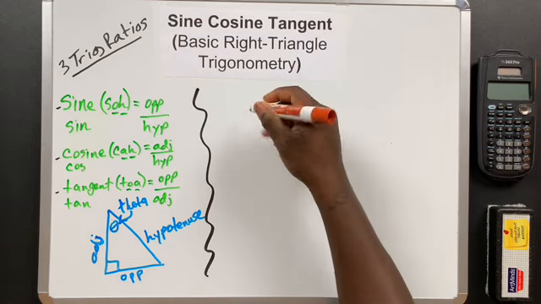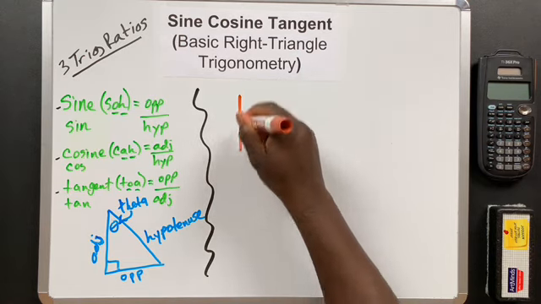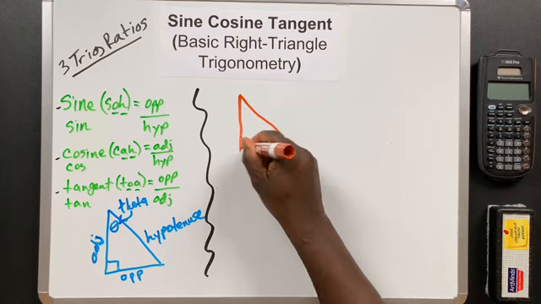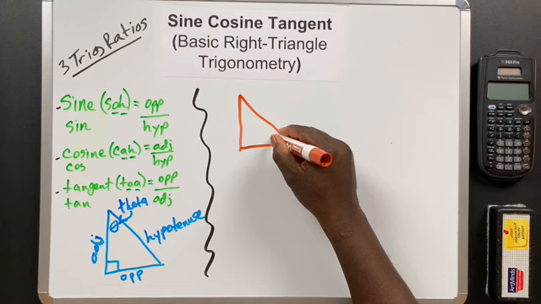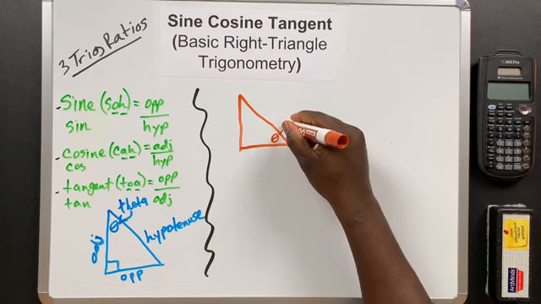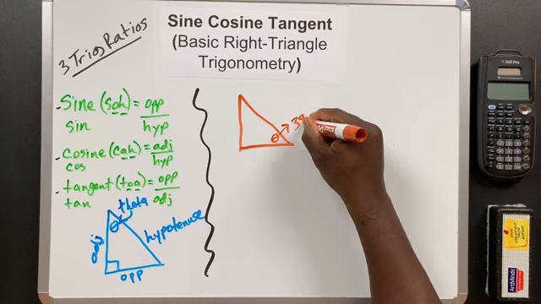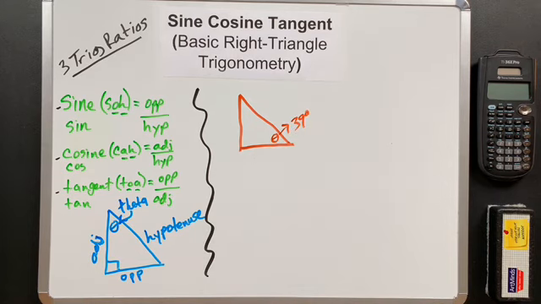So here's the problem. I'll go ahead and sketch the right triangle. And this is our theta, and that is equal to 39 degrees, okay? Sometimes they'll write 39 degrees in there, but I'm just saying that that's our theta, okay?